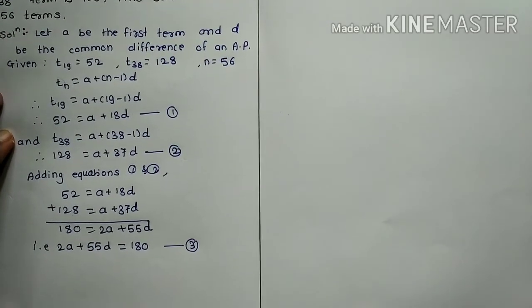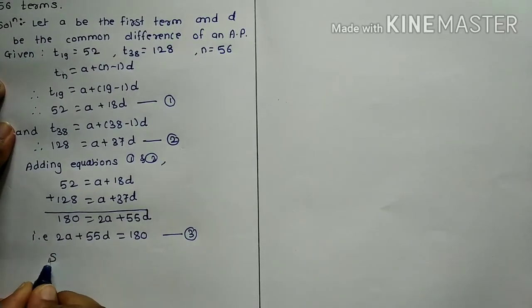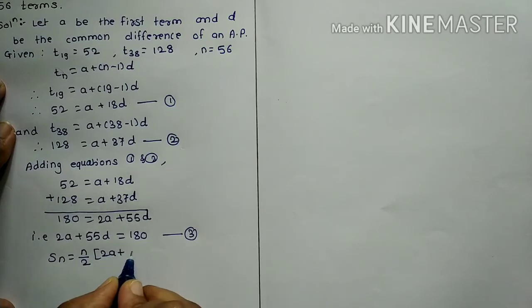Now write down the formula of Sn, and the formula is Sn equals n upon 2 into 2A plus n minus 1 into D. Now substitute values.